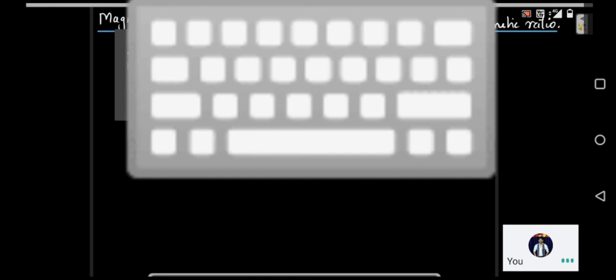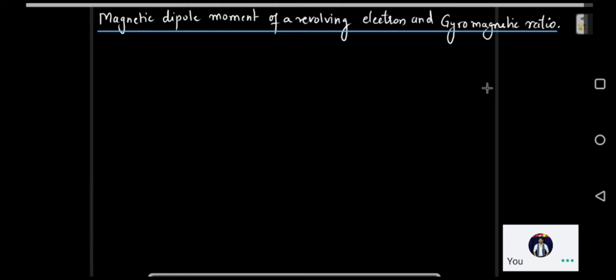Okay, so now if I have an electron, and this electron is revolving in its orbit. We have an atom basically, and this electron is orbiting in its orbit around a nucleus. So let's say this is a nucleus I have over here.